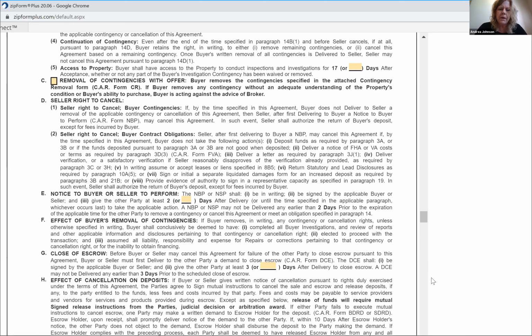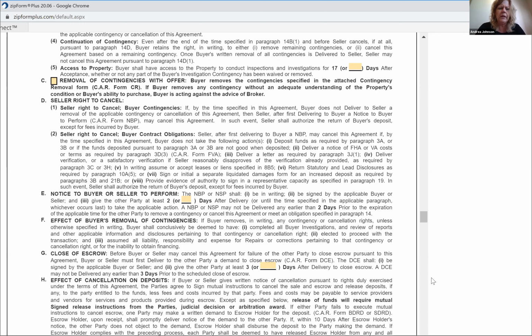Now, this does say buyer shall have access to the property to conduct inspections. The default time frame is 17 days after acceptance, whether or not any part of buyer's investigation contingency has been waived or removed. Now, this one I don't recommend doing: removal of contingencies with offer. There may be some isolated circumstances where you would do that.